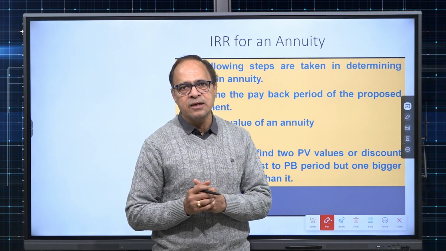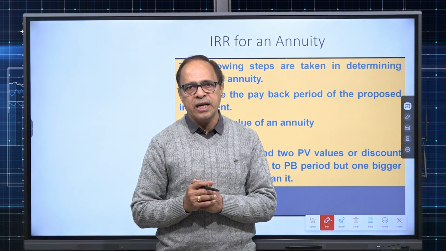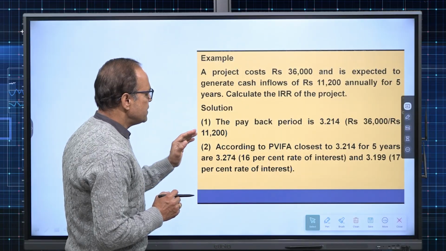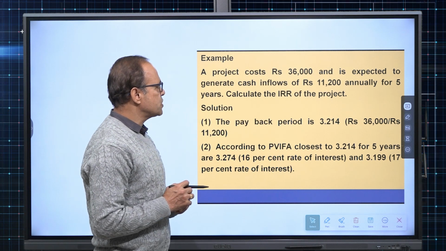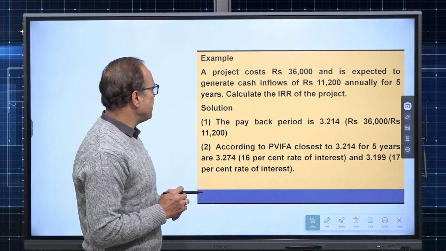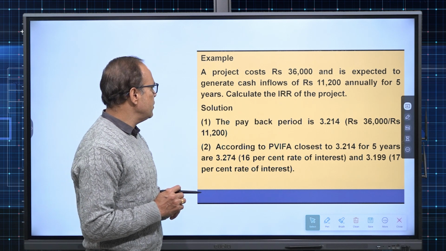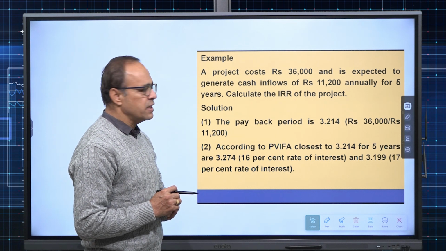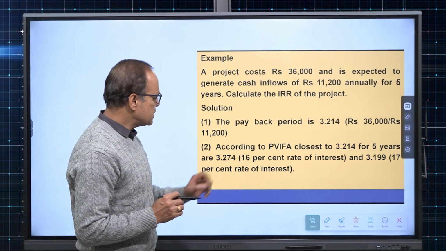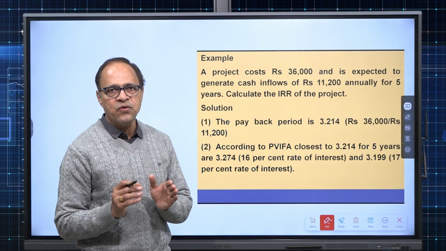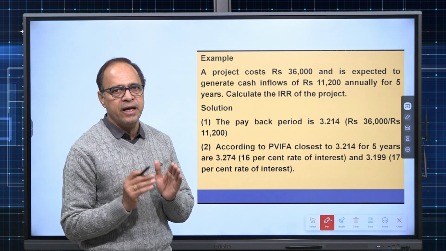So, I will now depict the complete process to arrive at approximate level of IRR. So, this is the example. A project costs 36,000 and is expected to generate cash inflow of 11,200 annually for 5 years. Calculate IRR. Now, this particular question satisfies the condition that yes, cash inflow is in the shape of an annuity.